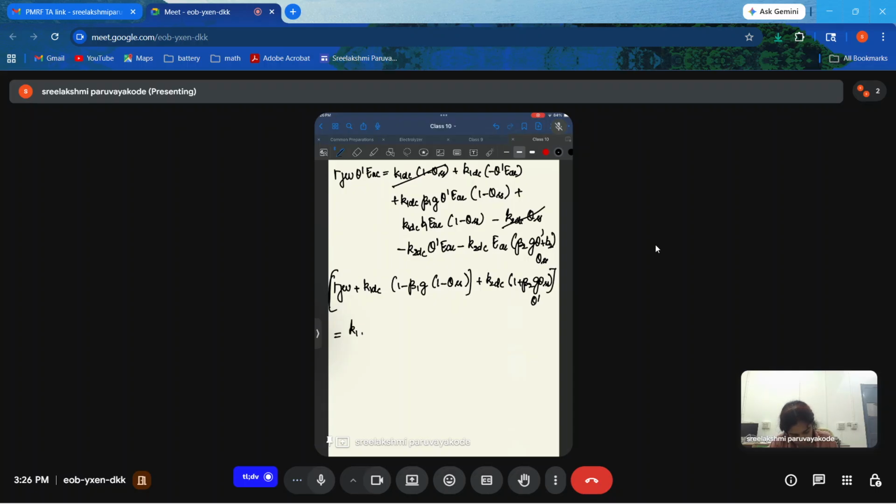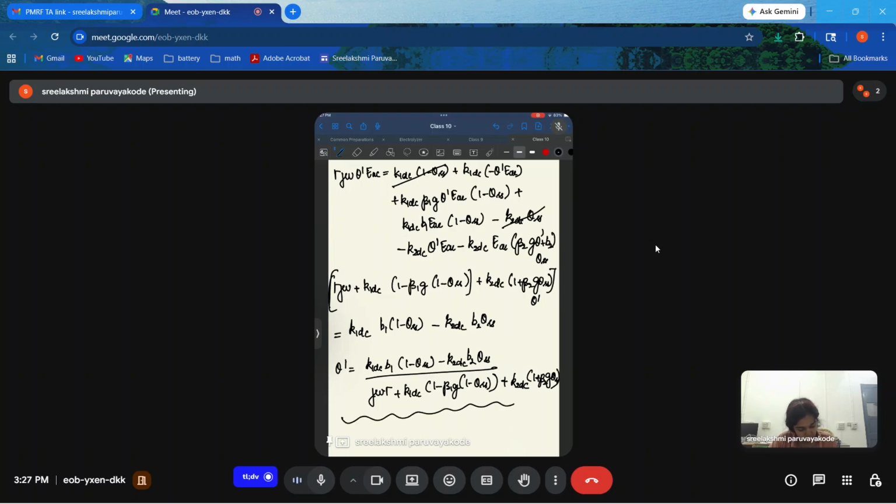Now let's rearrange: theta dash equal to K1 DC B1 1 minus theta SS minus K2 DC B2 theta SS over j omega gamma plus K1 DC 1 minus beta 1 G 1 minus theta SS plus K2 DC beta 2 G theta SS.